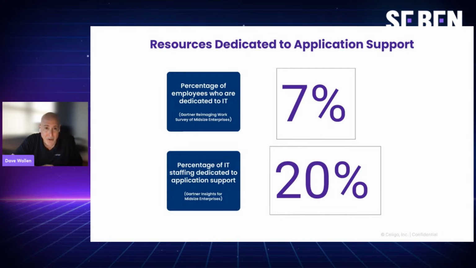Here's a similar stat: 7% of employees, from a Gartner survey of mid-market enterprise customers, not enterprise-class customers. 7% of the total employee count is dedicated to IT. 20% of that group is dedicated to application support, and that means implementation, deployment, help desk, troubleshooting, all those things.